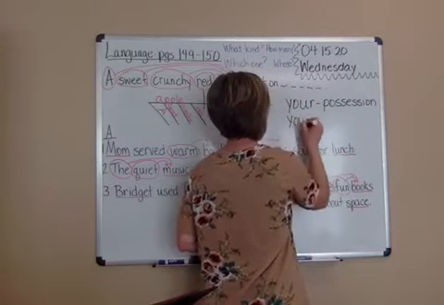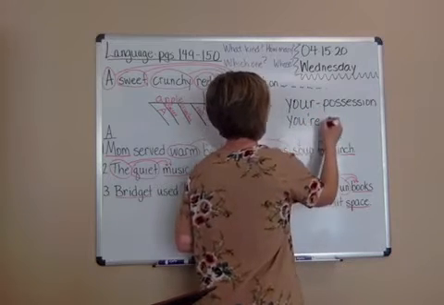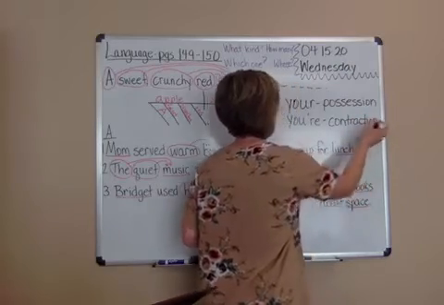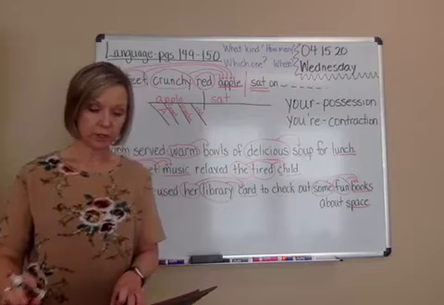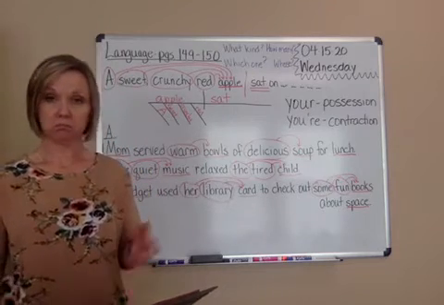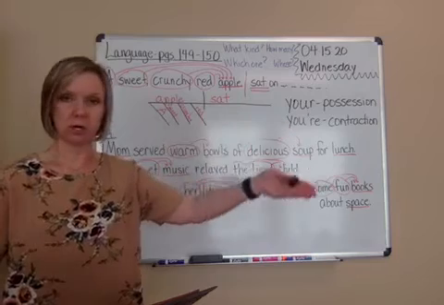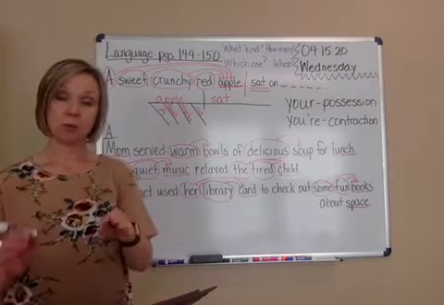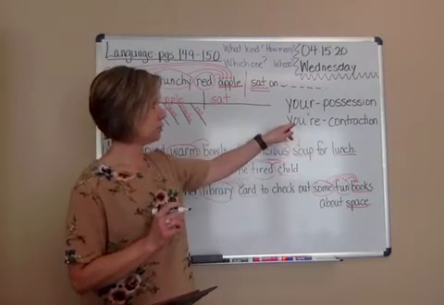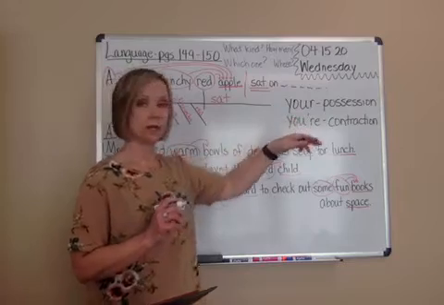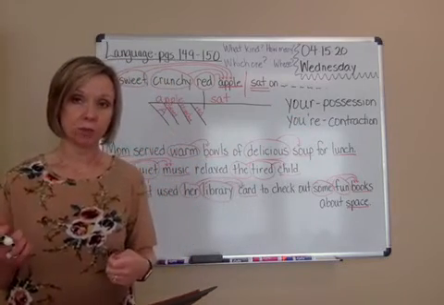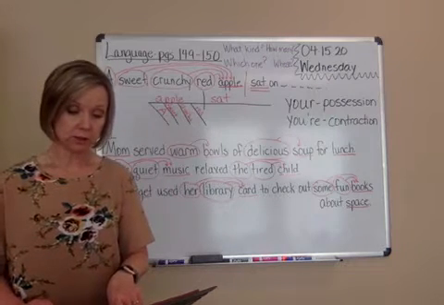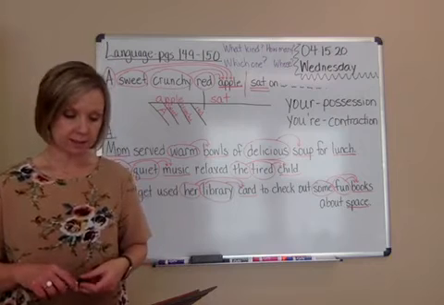And then Y-O-U apostrophe R-E is a contraction of you are. So do we need possession here? We're not saying that's your pencil or your coat or your dog. Do you know if you're coming to my birthday party? And remember, I told you if you would need to choose Y-O-U apostrophe R-E, because you need to be able to break that contraction apart and it makes sense in the sentence. Do you know if you are coming to my birthday party? So that would make sense there.